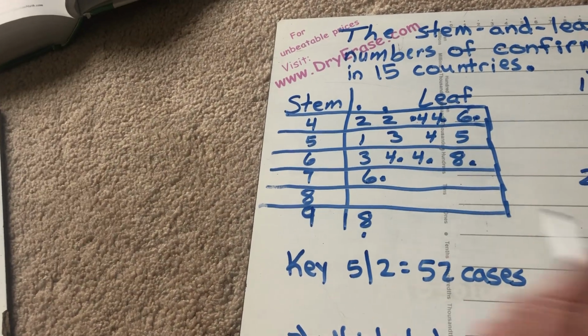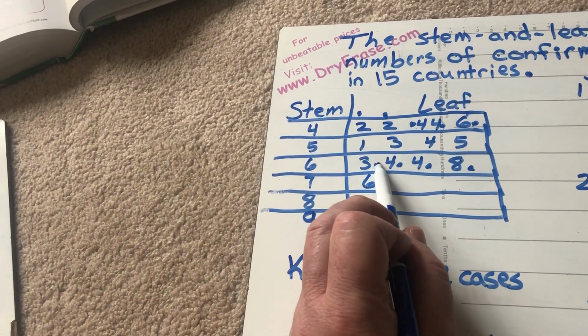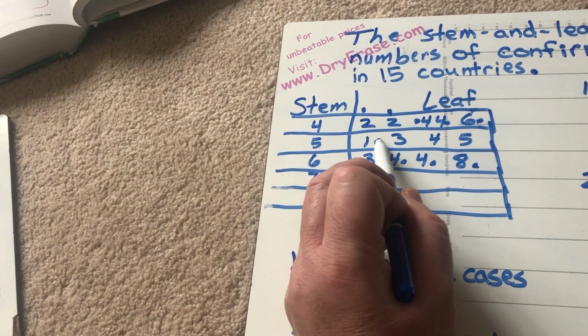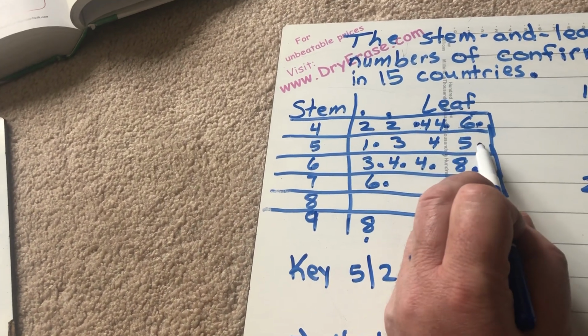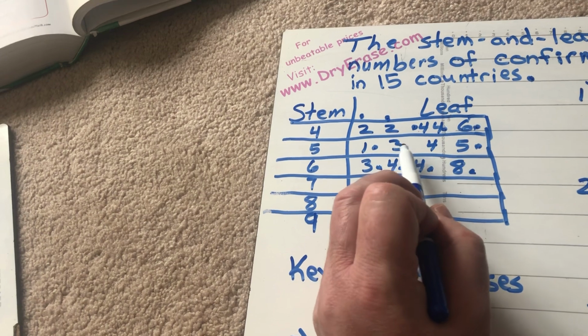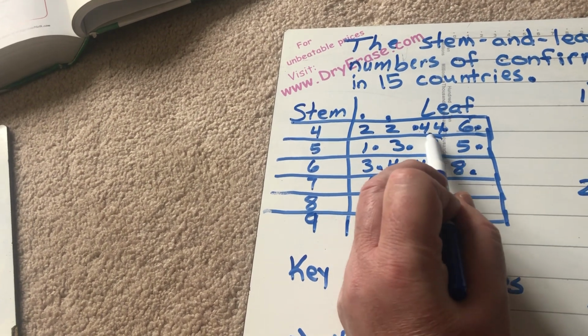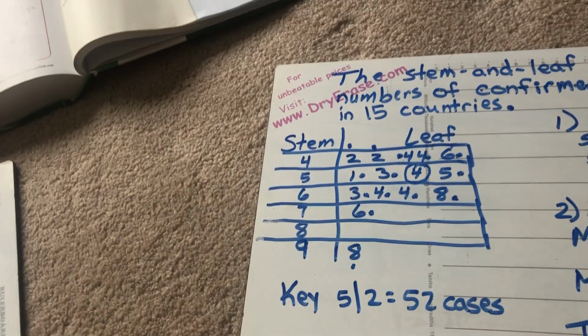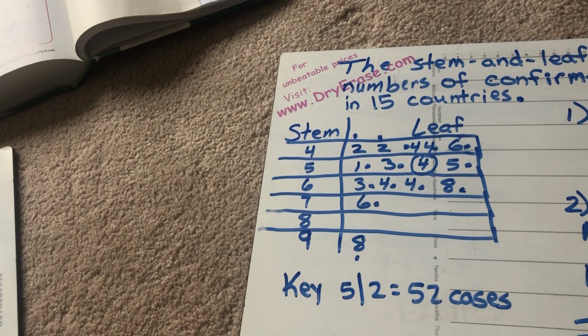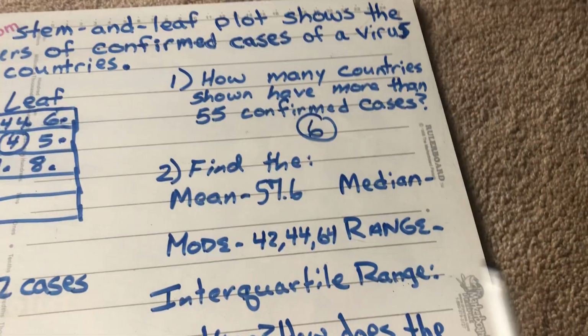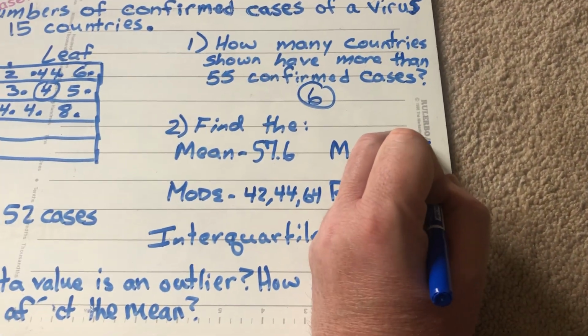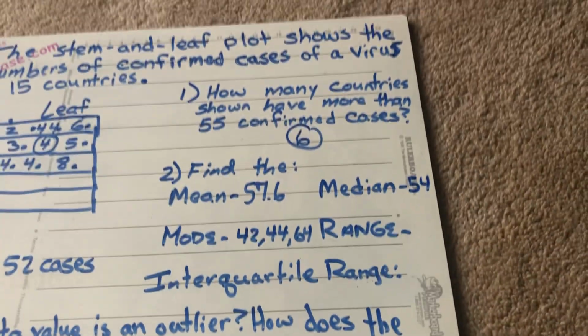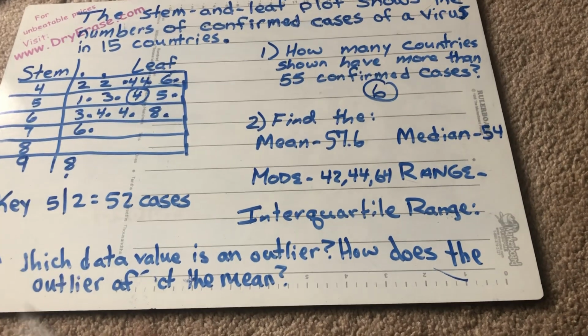I'm seeing if I get a clear middle number. Then 63, then the 51 from this side, then the 55, and then the 53, and sure enough, I end up with a clear middle number. That's 54. So my median is 54.